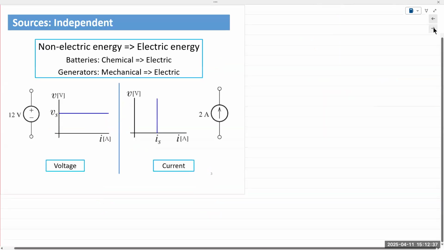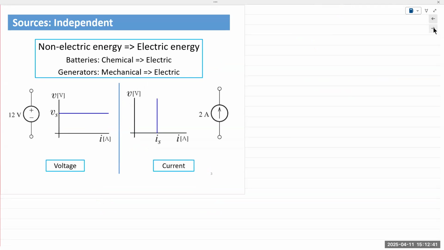Okay, so when we say independent source, what is actually happening? Well, as the name suggests, it is providing some energy. It is a source for energy. It is converting energy, of course, converted, not created or destroyed. If you have a generator, that generator converts mechanical energy into electrical energy. If you have batteries, it's chemical energy into electrical energy, chemical reactions, electrochemistry.